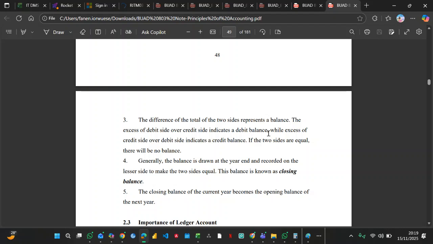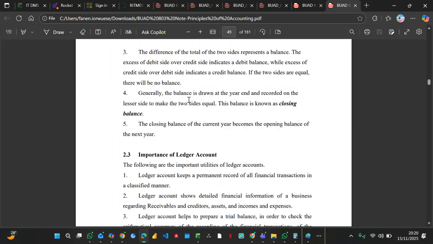Okay. So on a general note, the balance is drawn at the year end and recorded on the lesser side to make the two sides equal. The balance is also known as the closing balance. Understand?